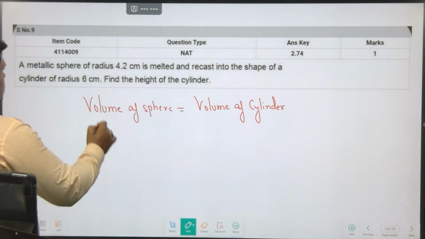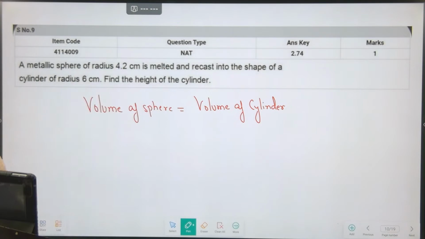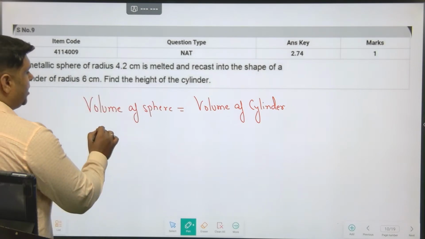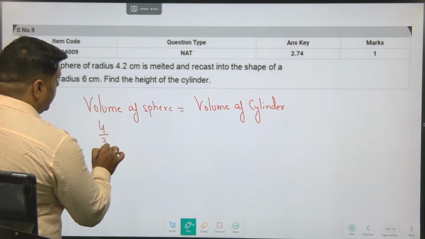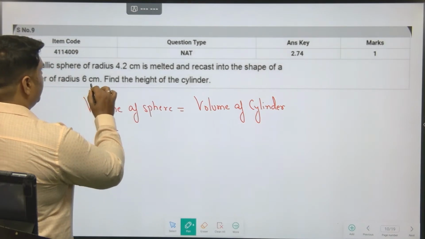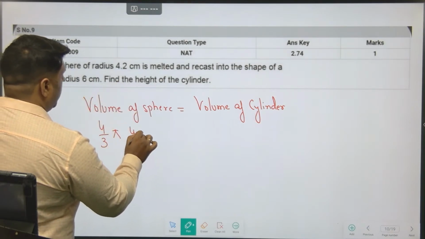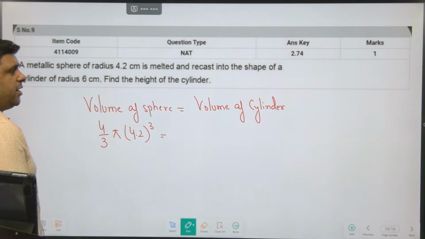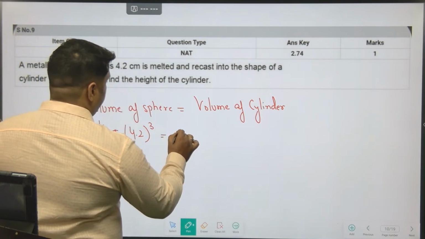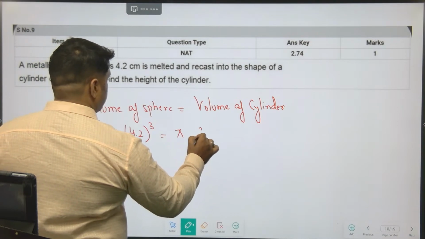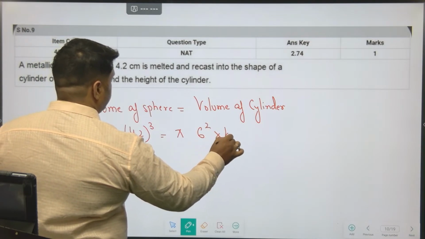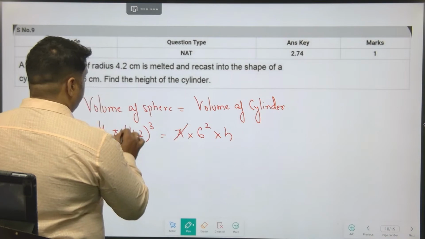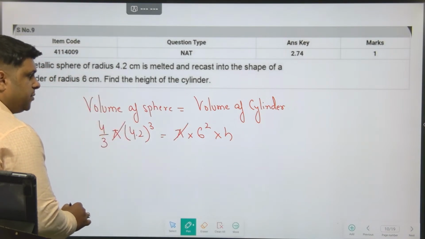So what is the formula of the sphere's volume? Simple, 4 by 3 pi r cube. 4 by 3 pi, and the radius they have given is 4.2, cubed. And the volume of the cylinder is pi r square h. Pi, and here the radius is 6 square into h. So here pi and pi will get cancelled out.